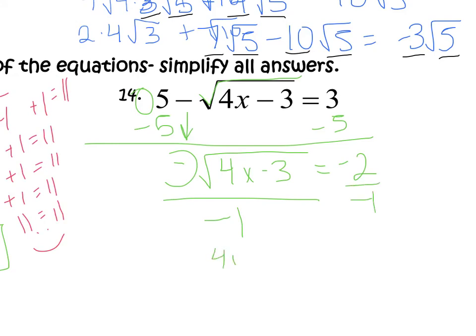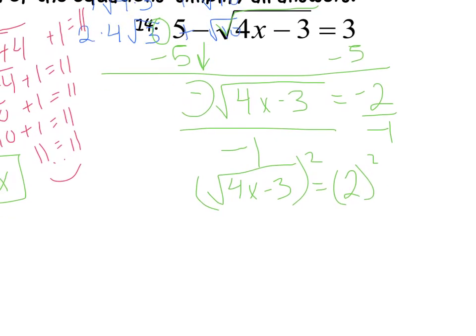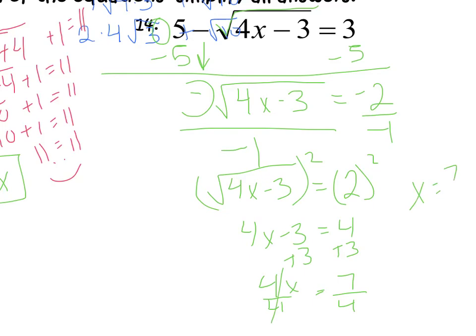So we get the square root of 4x minus 3 is 2. Square both sides, you get 4x minus 3 equals 4. Add 3. 7 divided by 4. You get x equals 7/4.